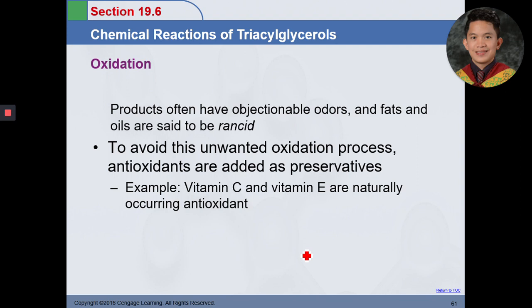Now, to avoid this unwanted oxidation process, antioxidants are added as preservatives. To avoid the production of the short chain aldehydes and short chain carboxylic acids, antioxidants are added to the fats and oils. Examples of these antioxidants are vitamin C and vitamin E, which are naturally occurring antioxidants.